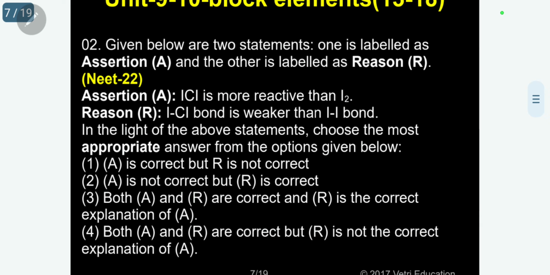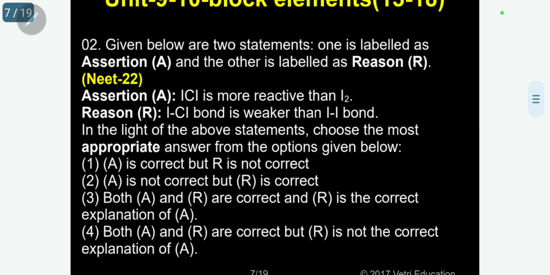The first information is over. Just see in all the four, where is A correct? 1, A is correct. 2, no. 3, A is correct. And 4 also A is correct. So with A alone we cannot give the explanation.